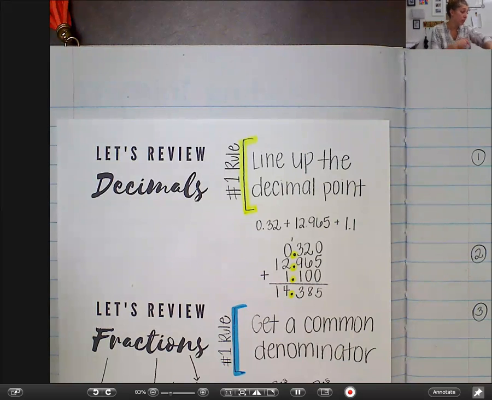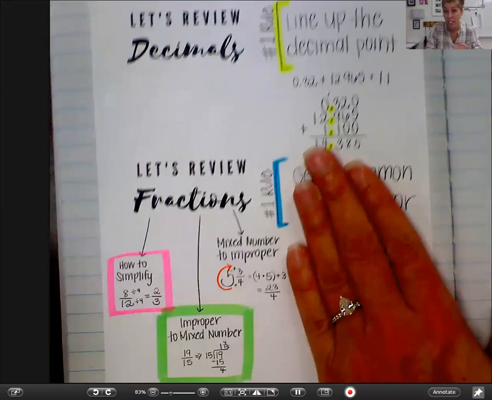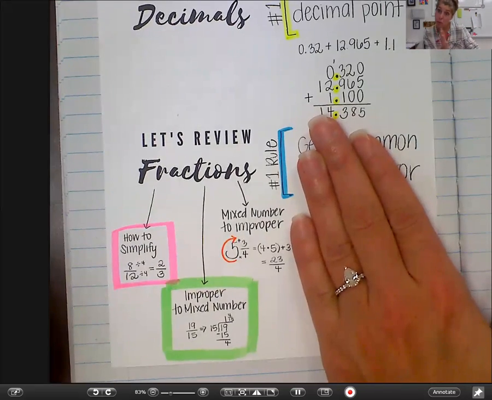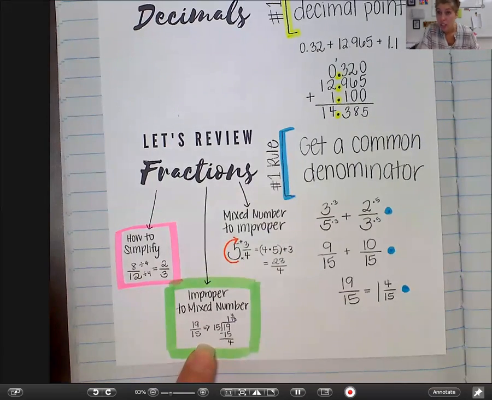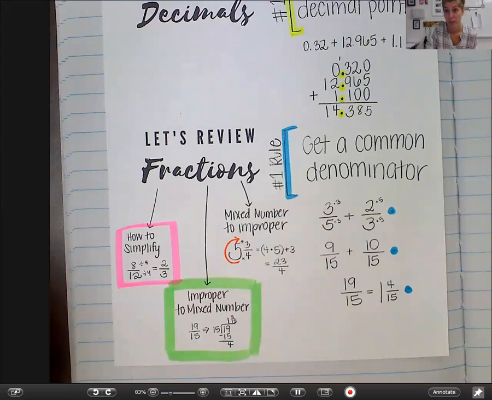When we're looking at fractions, we're going to save the common denominator section for another day. All I want to review while we go through problems is how to simplify, change an improper fraction to a mixed number, and how to change a mixed number back to improper. Okay, so let's take a look at some examples.